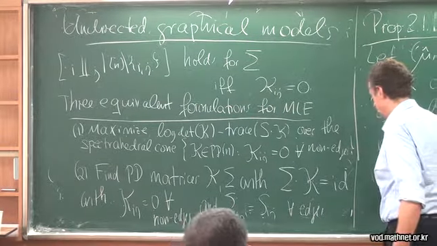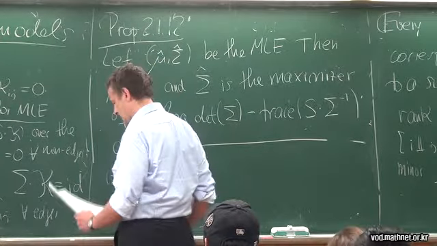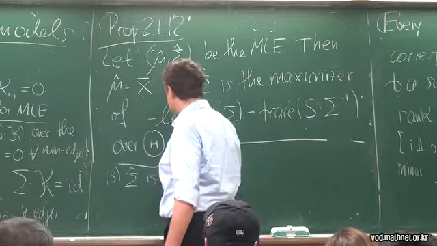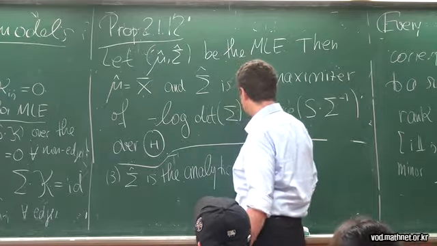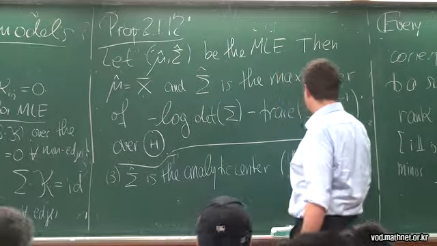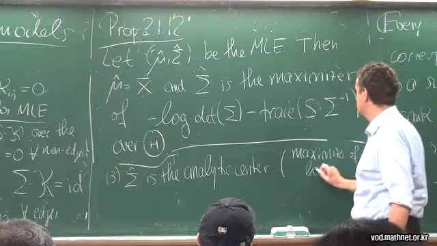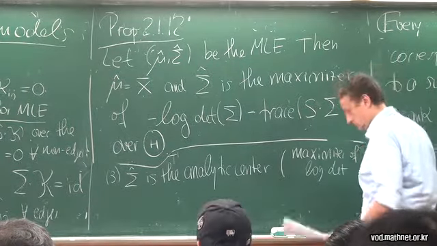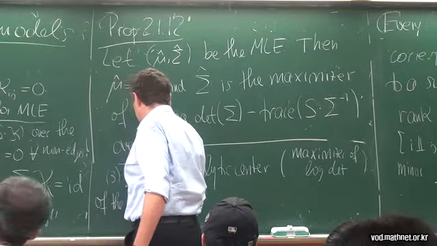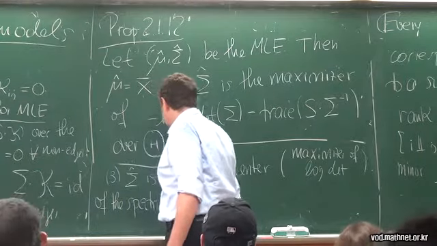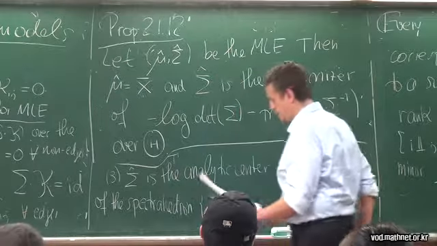And finally, the third formulation describes everything purely in terms of sigma. Sigma hat is the analytic center, by which I mean the maximizer of log det of the spectrahedron that's gotten by fixing the sufficient statistics.